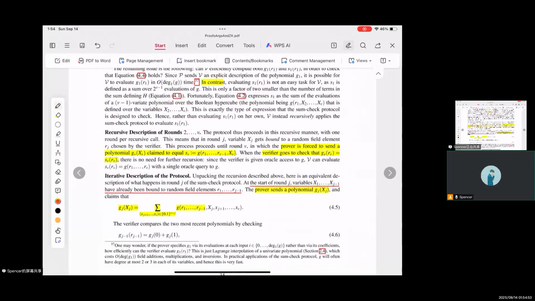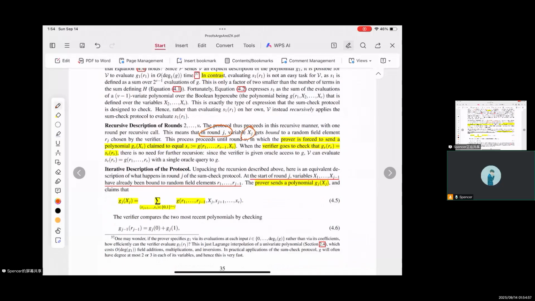Let's look at round g. The variable xg gets bound to a random field element rg chosen by the verifier. So in round g, xg should be fixed by rg. And this process proceeds until the vth round, where the prover is forced to send the polynomial gv(xv), claimed to equal Sv.